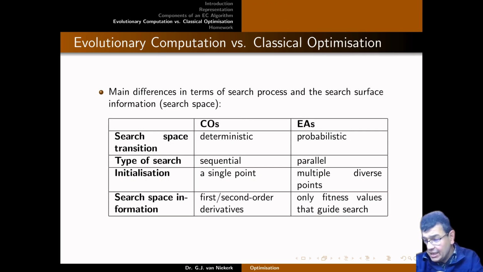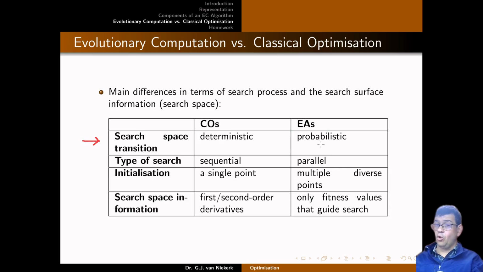Okay, and that essentially is evolutionary algorithms. And some of the main differences between your classical optimization techniques and your EAs is, first of all, if we look at the search space transition for your classical optimization, it's deterministic. You know exactly how to move from one step to the next in order to make progress.